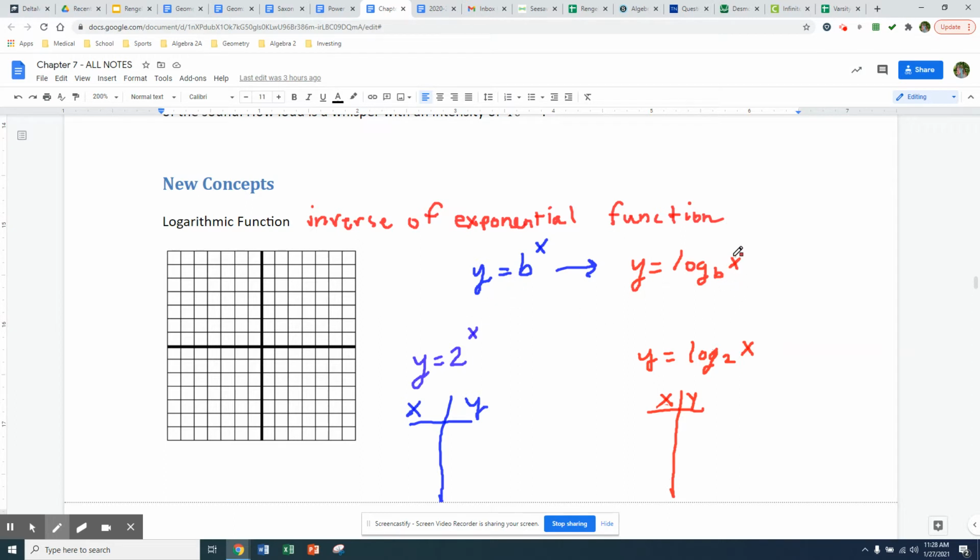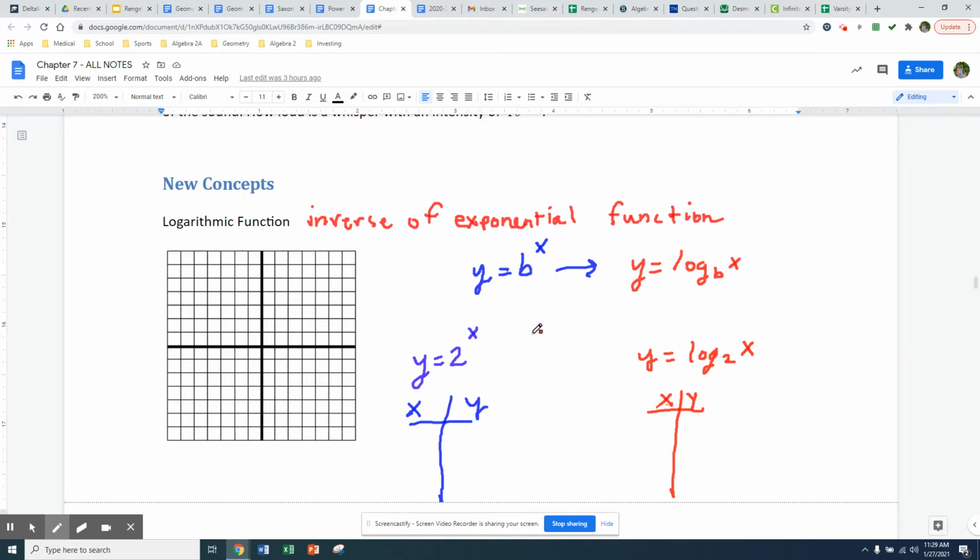So to get this red function over here, the log base b of x, we could switch the x and the y, like we talked about in chapter 6 with inverses. And then to solve for the y, to solve for that exponent, we are going to rewrite it in log form. So our log form and our exponential form are inverses of each other.